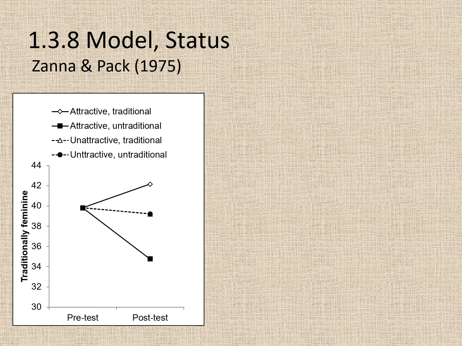They rate themselves as less independent, more sentimental, less career-oriented, and so on, if they're going to meet a hunk who likes his women traditional. If they're going to meet this hunk and the hunk thinks that women should make a career and so on, well, they change their rating in the opposite direction, as less traditionally feminine. They rate themselves as more independent, more career-oriented, less sentimental, and so on.